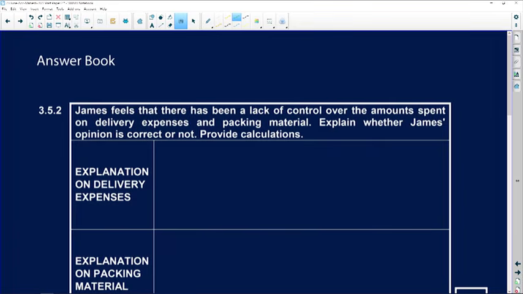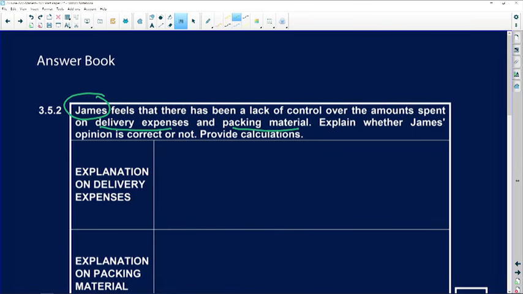So this is, I think, the second last question. James feels that there's been a lack of control. Remember, James is one of her employees. He feels there's been a lack of control over the amount spent on delivery expenses and packing material.